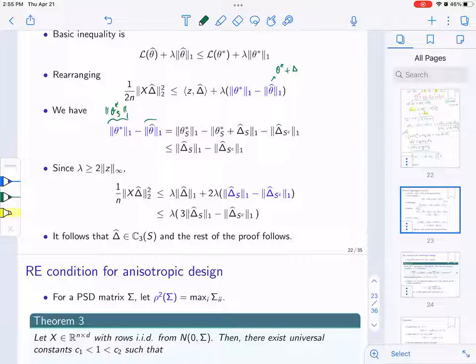And then theta star S complement plus delta S complement. Theta star S complement is 0, so I just get that. That's just the decomposability. Now, if I look at the difference here, again I'm using the triangle inequality, and then the second one comes here. Okay, so triangle inequality.